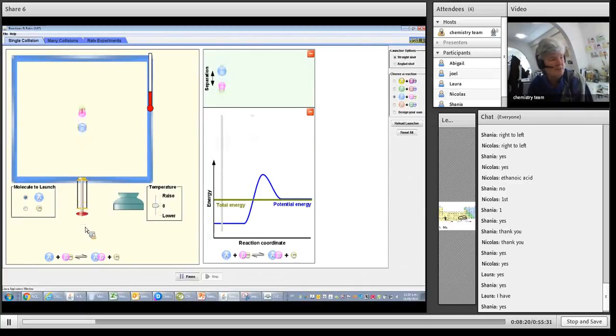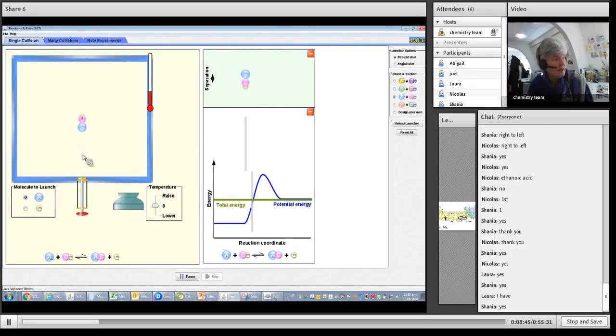Can you see how I'm moving this potential energy down there? If I don't have much potential energy, then I'm not going to get that successful collision. They are colliding, and they are even colliding in the right orientation.